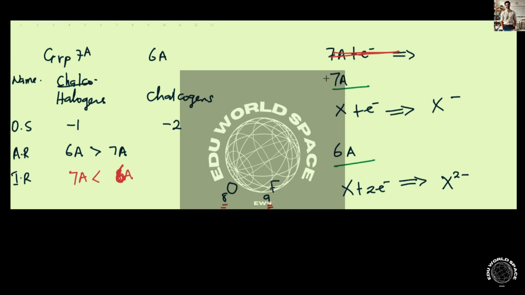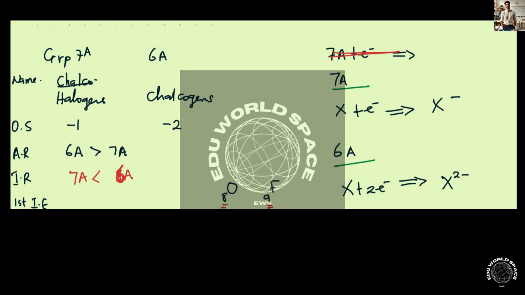Then the next question is first ionization energy. Ionization energy is the energy that's required to remove an electron.